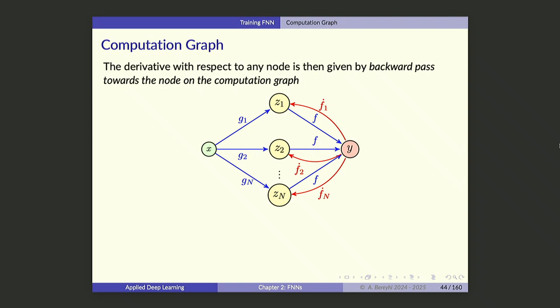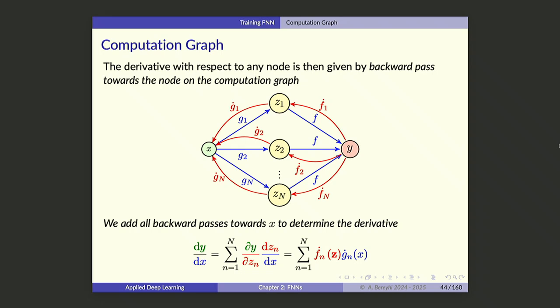For instance, the partial derivative of y with respect to zn gets multiplied with the derivative of zn with respect to x, and so on for z2, z1, and everybody. They get multiplied with the corresponding derivatives, and at x you just sum up all of those products. And this is your chain rule, exactly the same thing we had in the previous slide. Any questions?